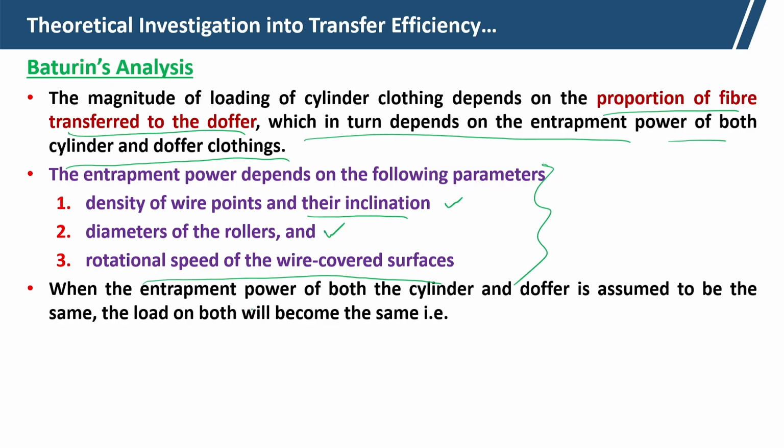When the entrapment power of both cylinder and doffer is assumed to be the same, the load on both will become the same. So, entrapment power, what do we need? Depending on that we have to adjust. We know the parameters, so we can decide the wear point angle and wear point density.